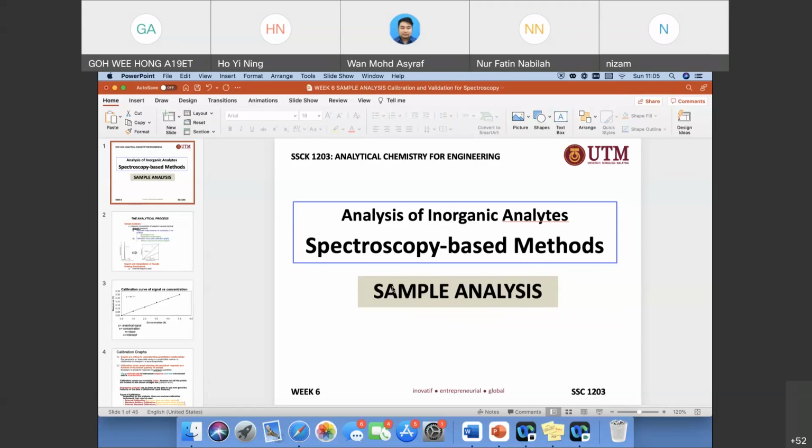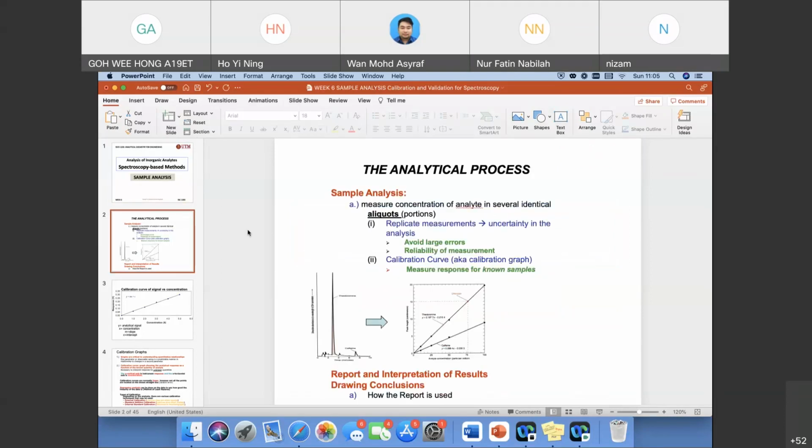All right. So, moving on to the second slide. Basically, for the analytical process, we are now looking into the sample analysis, where we measure the analyte in several identical aliquots. It means that you need to have replicate measurements.